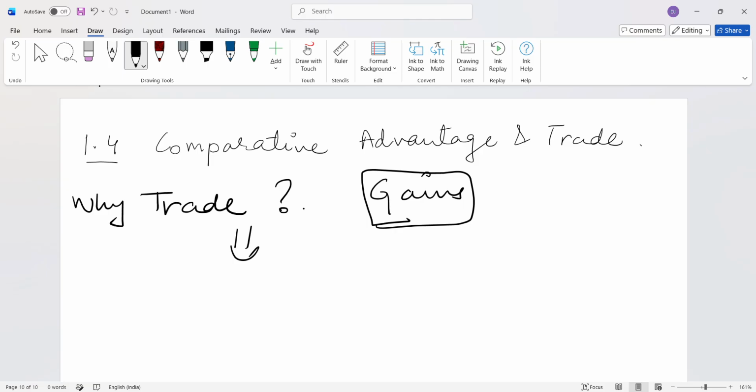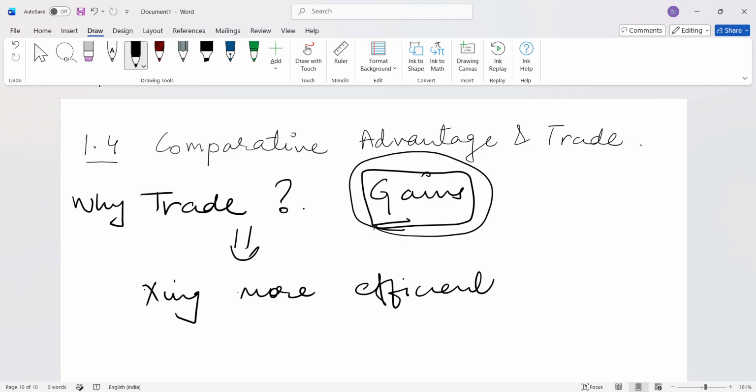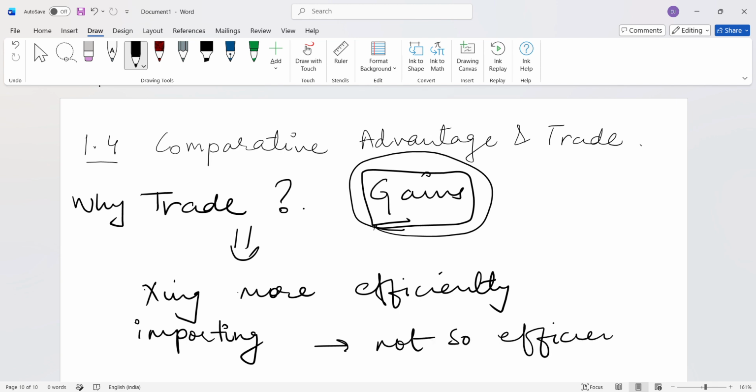So basically, countries trade and have gains from trade by exporting the goods they produce more efficiently and importing the goods in which they are not so efficient relatively, as compared to their trading partners.